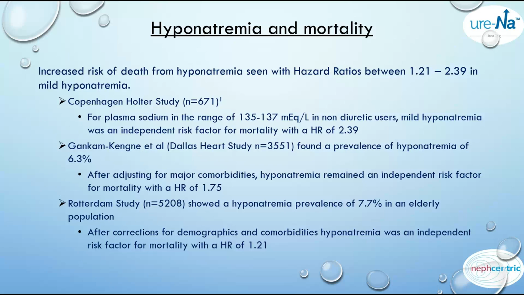In another study, they found that the prevalence of hyponatremia was 6.3%. This is also the Dallas Heart Study. About 3,551 patients were enrolled, and they found a hazard ratio of 1.75 for mortality with hyponatremia as an independent risk factor.